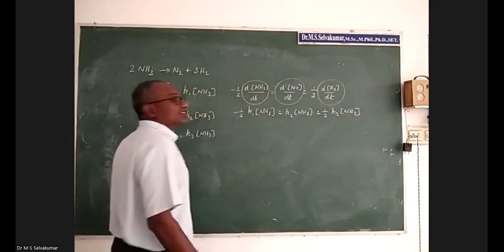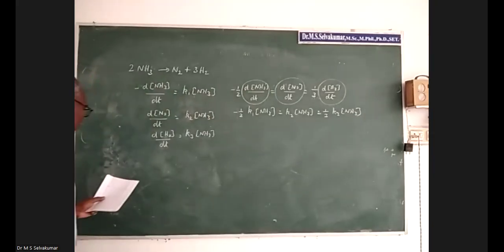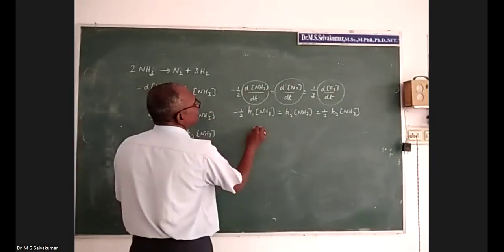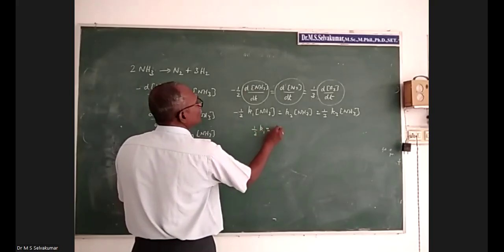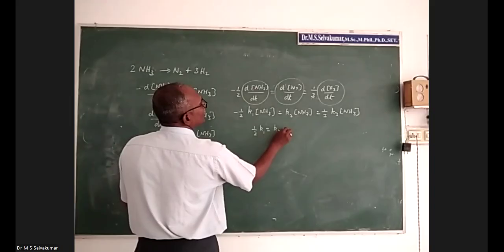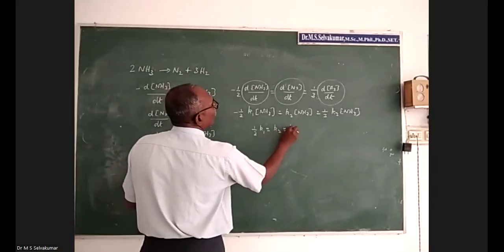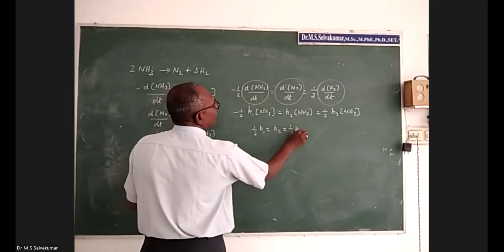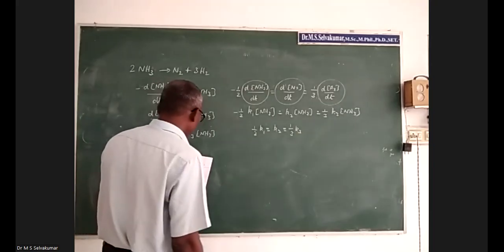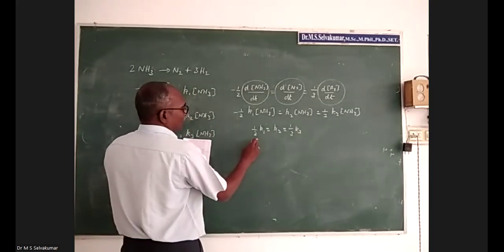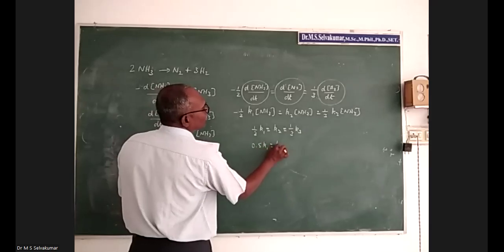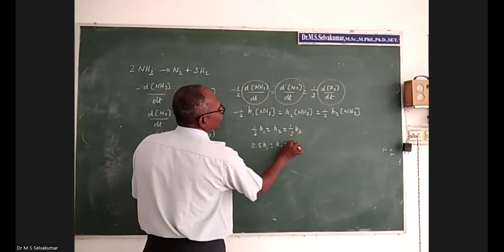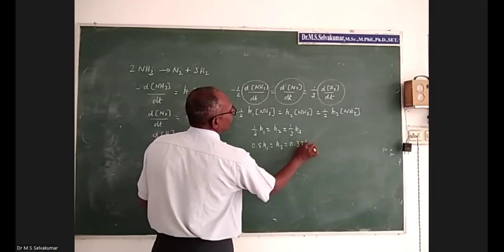So [NH3] is common. Therefore, this equation can be rewritten as half K1 is equal to K2 is equal to 1 by 3 K3. So this is 0.5 K1 is equal to K2 is equal to 0.33 K3.